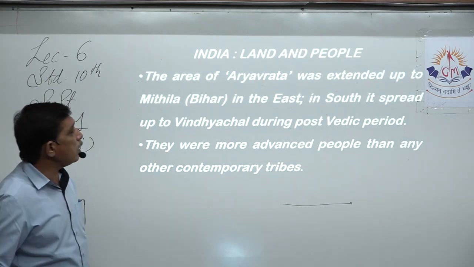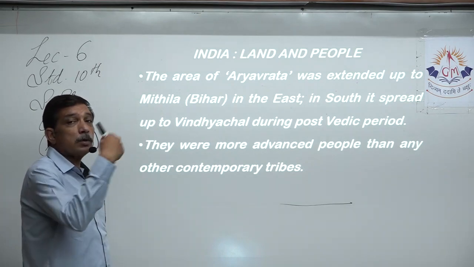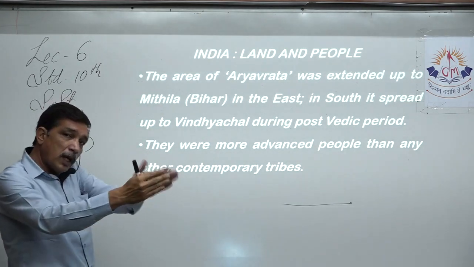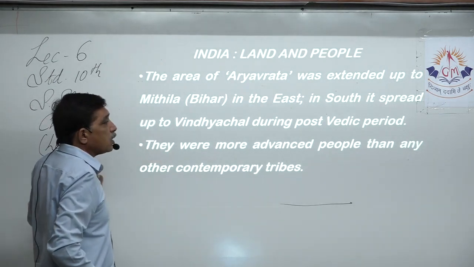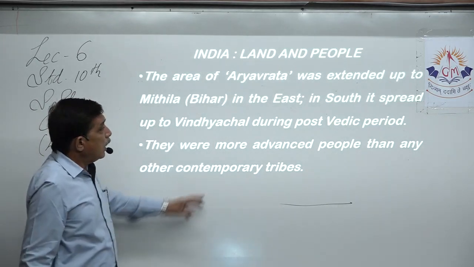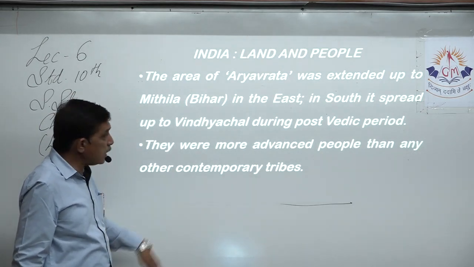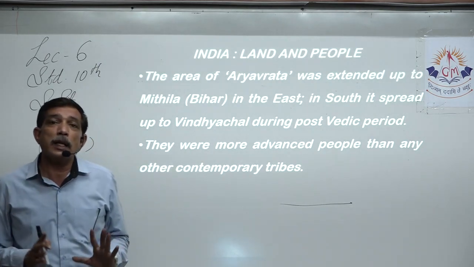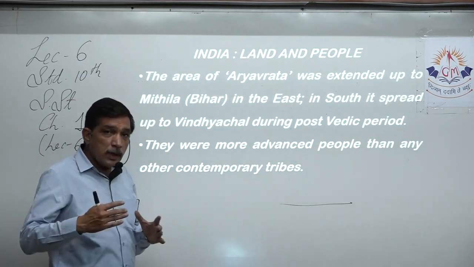Now what is the extent of Aryavarta? If you go to the eastern side, Mithila is the last point. From there you start coming to the west, and we have that Sapta Sindhu area. So from the Sapta Sindhu area to Mithila in Bihar in the east, and a little bit downwards also, up to the Vindhyas. The Vindhya range is in the center, and we call it Vindhyachal.